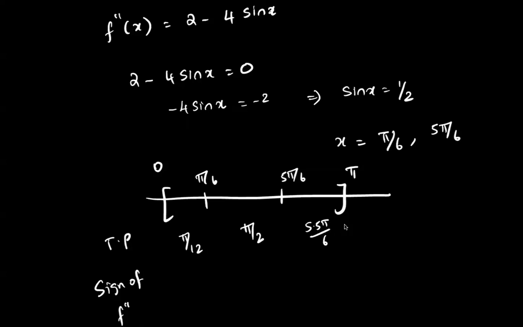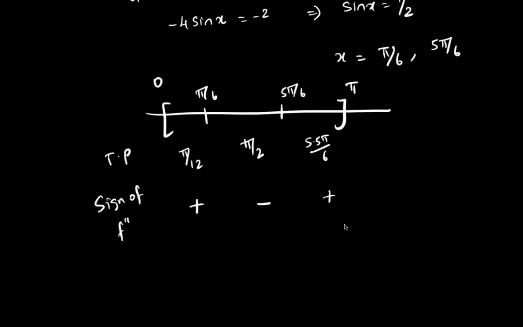So that means 2 minus that is going to be positive. Okay. Sine pi over 2 is 1. So 2 minus 4 is negative. Then 5.5 pi over 6. So again, this value is going to be less than a half. So this is going to be positive.